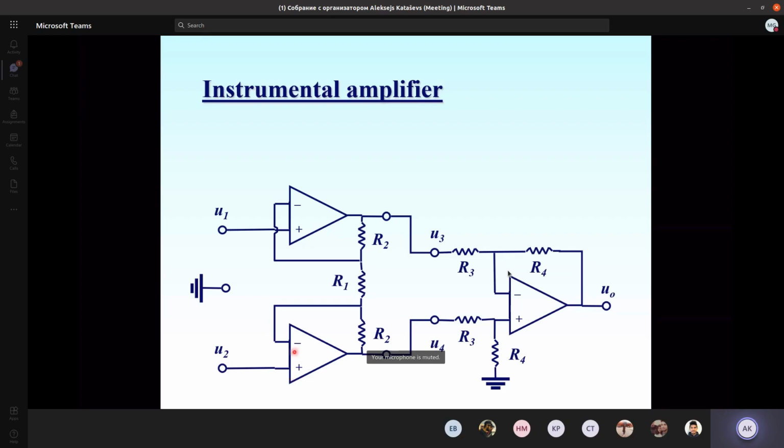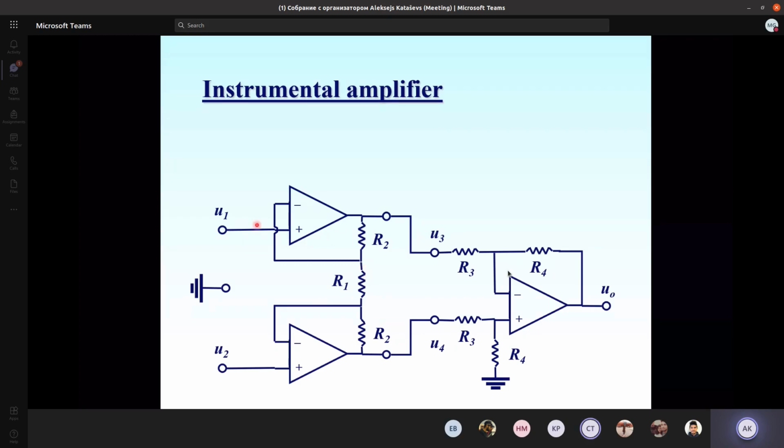So the voltage here will be equal to U2 and the voltage here will be equal to U1. When U2 is equal to U1, the voltage drop over R1 is 0 and there is no current flow through R1. That means the only way current could flow is through the whole chain R2, R1, R2, but following the second rule of the operational amplifier, no current flows into the inputs.